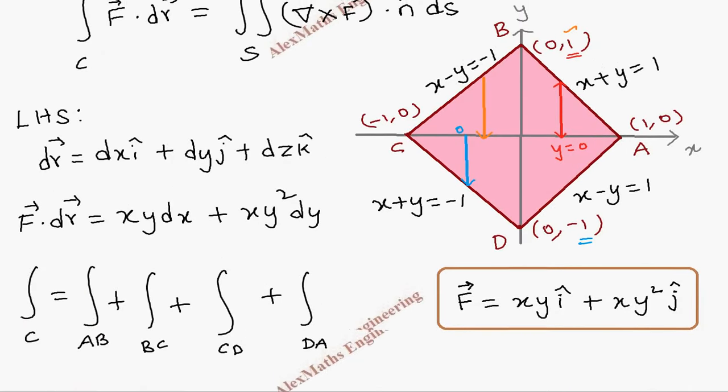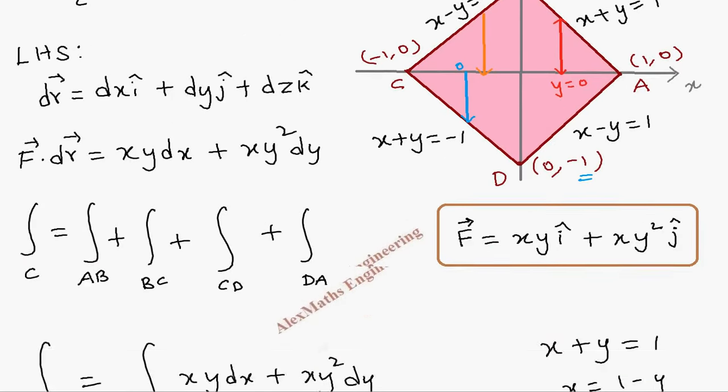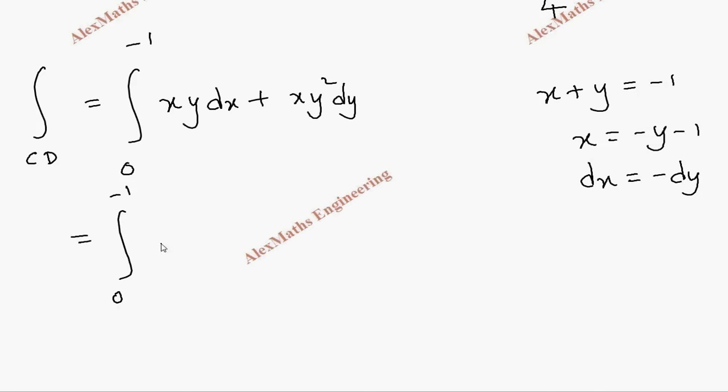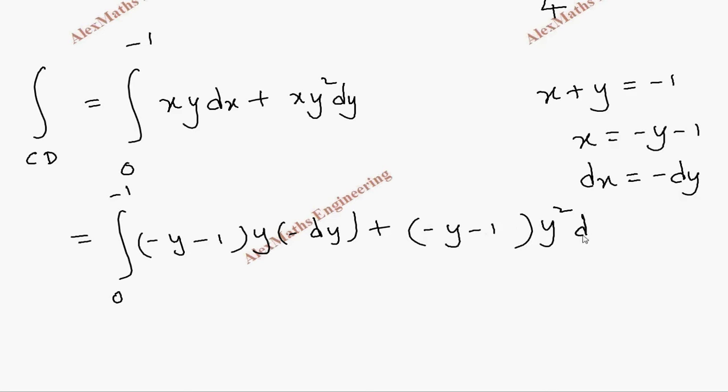The equation is x plus y is equal to minus 1. So x is minus y minus 1 and dx is minus dy. So this becomes integral 0 to minus 1, minus y minus 1 into y, then dx is minus dy, plus minus y minus 1 into y square dy as it is.